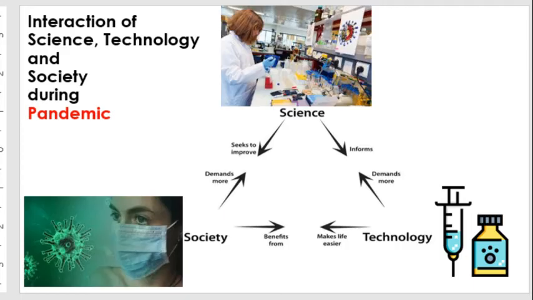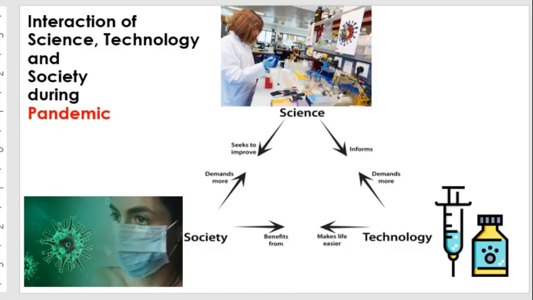That's why the technology, the pharmacist, the vaccine maker, demands more on science on what vaccine they should make so that they can fight coronavirus. Now, since the researchers already know the characteristics of the coronavirus, they inform the technology on what type of vaccine they're going to make. So that is the relationship of science and technology.